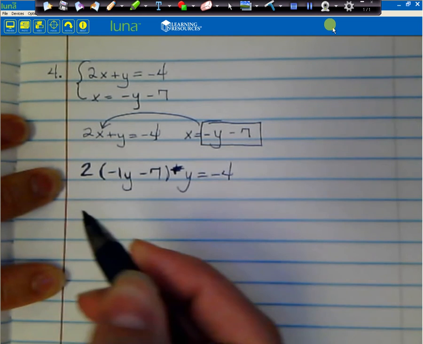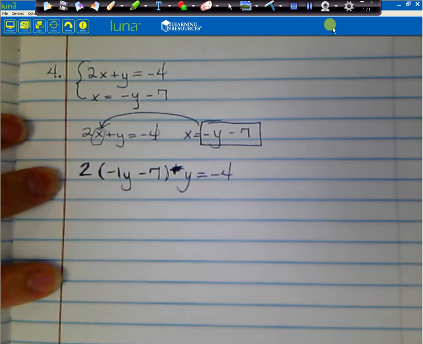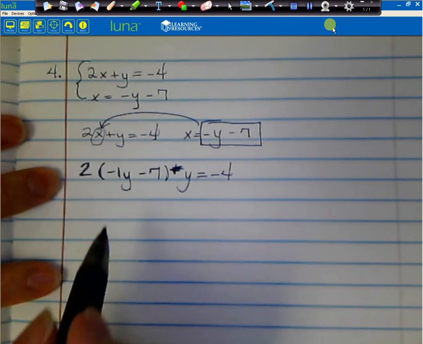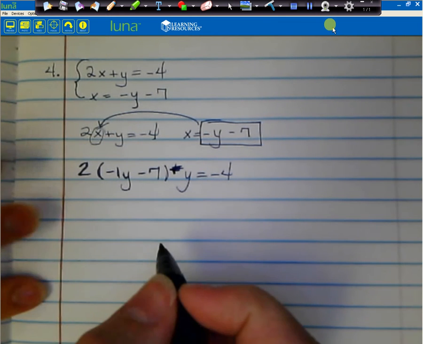So again, all I did was plug in for this x right here. Everything else stayed the same in the original problem. So that gives me 2, open parentheses, negative 1y minus 7, plus y equals negative 4.